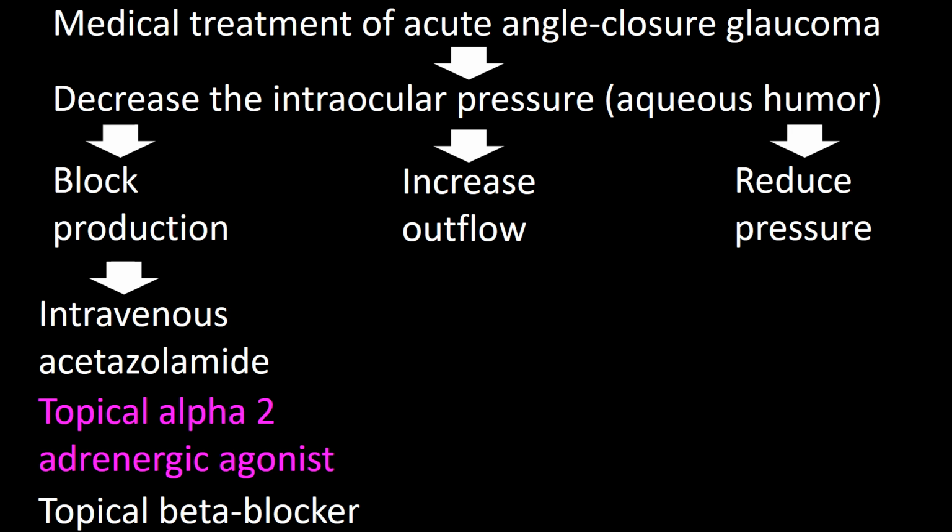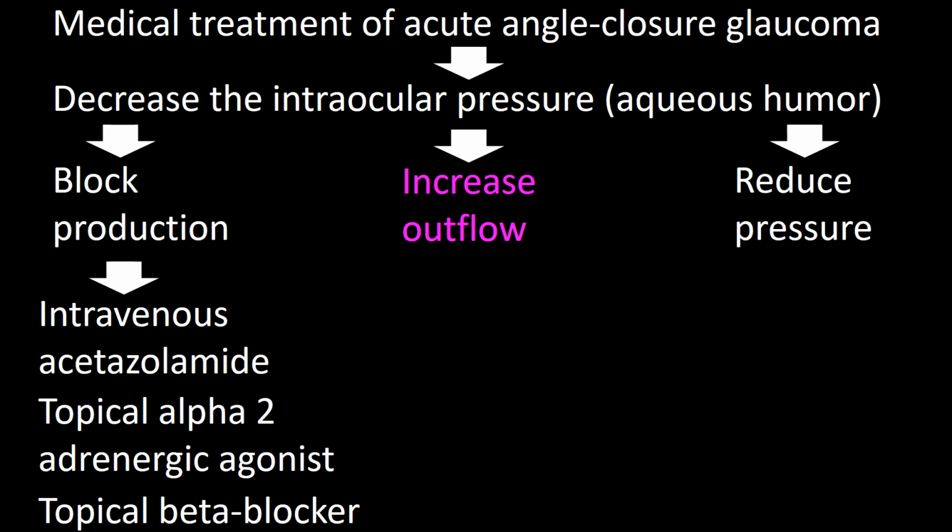And by the use of topical alpha-2 adrenergic agonists such as brimonidine or beta adrenergic blockers such as timolol. Topical adrenergic beta blockers have no pupillary or visual adverse effects, hence it is the preferred medication by many ophthalmologists.